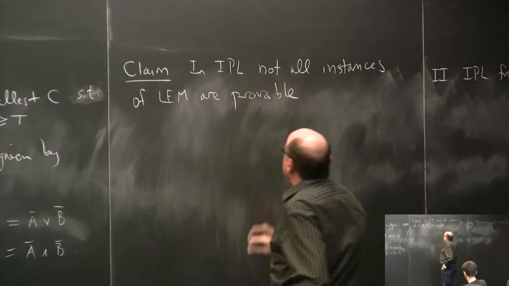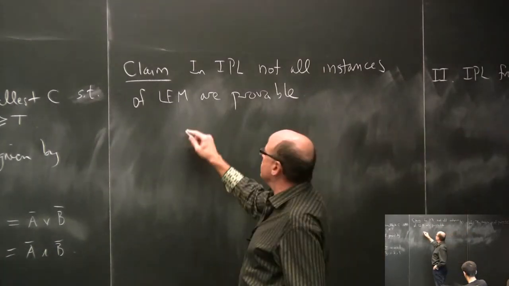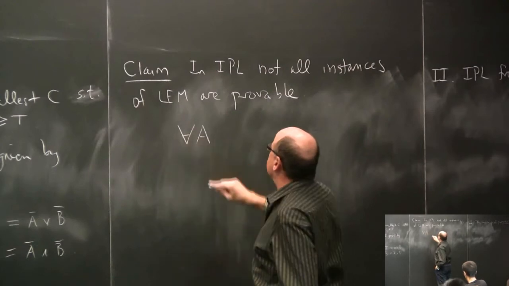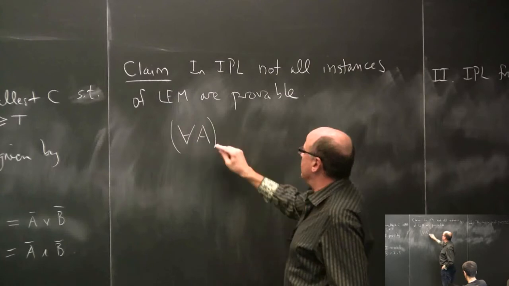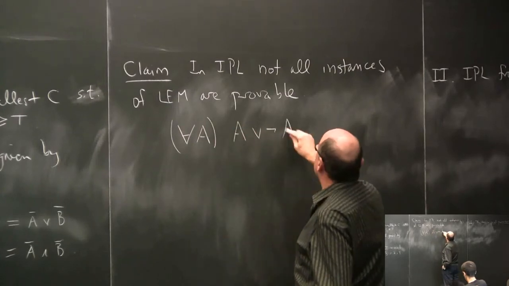So you cannot expect in general, for generic A, that for every A, you write it just like this, I'll just put this in parentheses here because I haven't defined exactly what that means, that this is true.